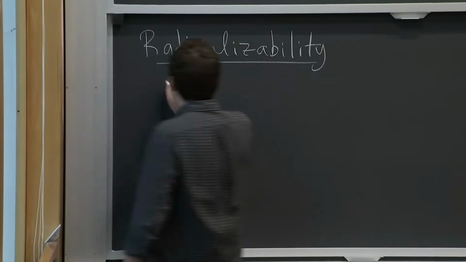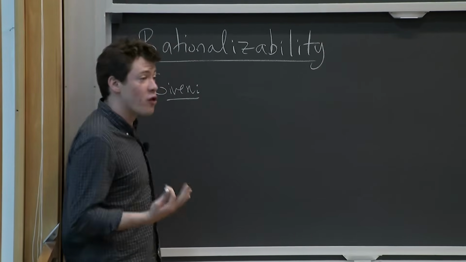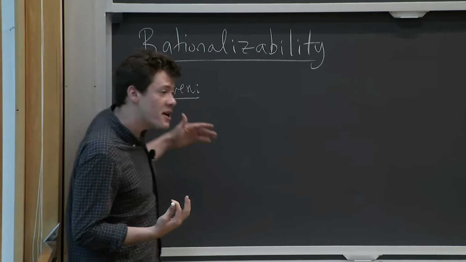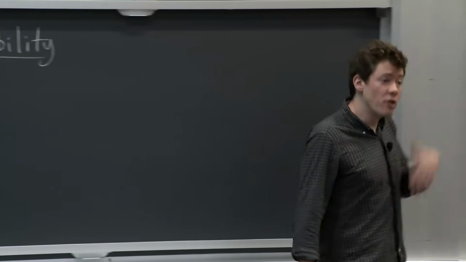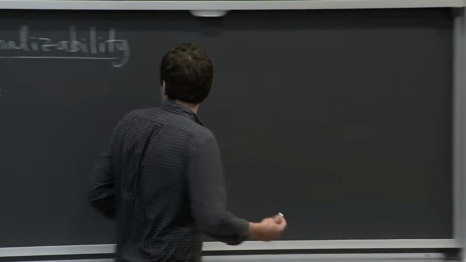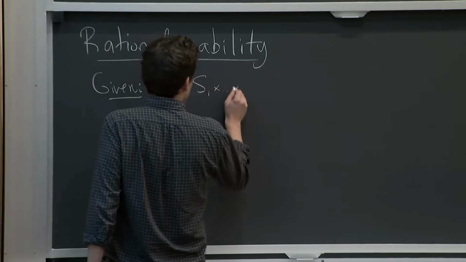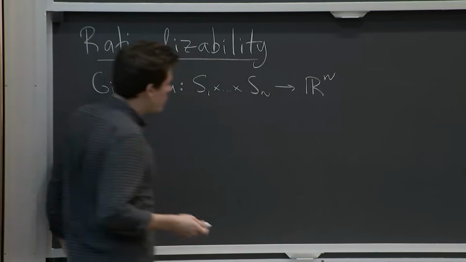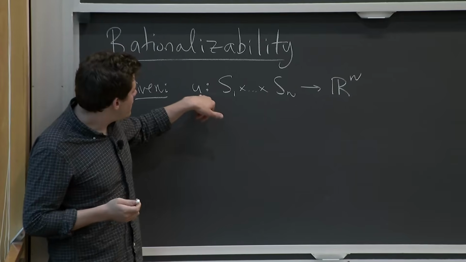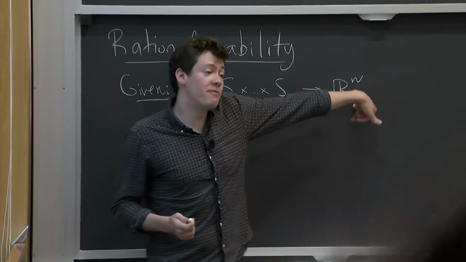So first, let's recall how we defined a strategic form game. A strategic form game specified the strategy sets for all of the players and also the payoffs for all of the players. So one way I'll often write it is U from S1 through Sn to Rn. What does this mean? This U function assigns to every profile of strategies some vector of payoffs that specifies each of the n players' payoffs.